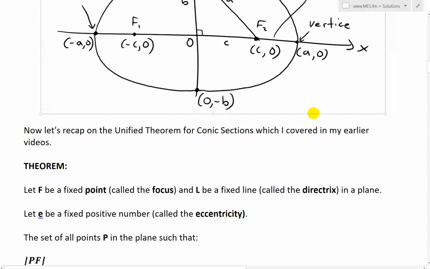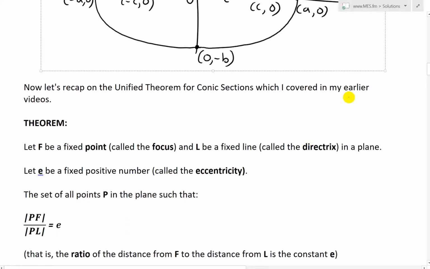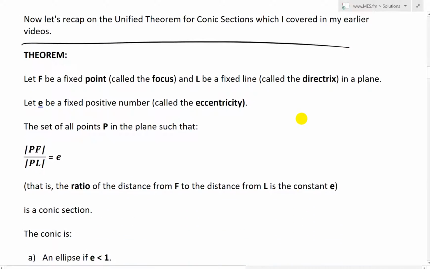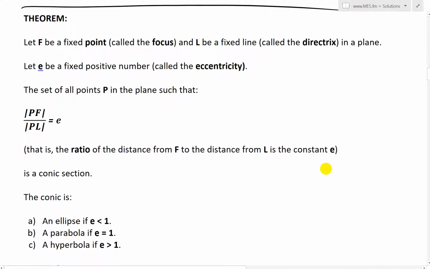So now let's recap the Unified Theorem for conic sections, which I covered in my earlier videos. So here is the theorem again, just to recap. Let F be a fixed point called the focus, and L be a fixed line called the directrix in a plane, and let e be a fixed positive number called the eccentricity.